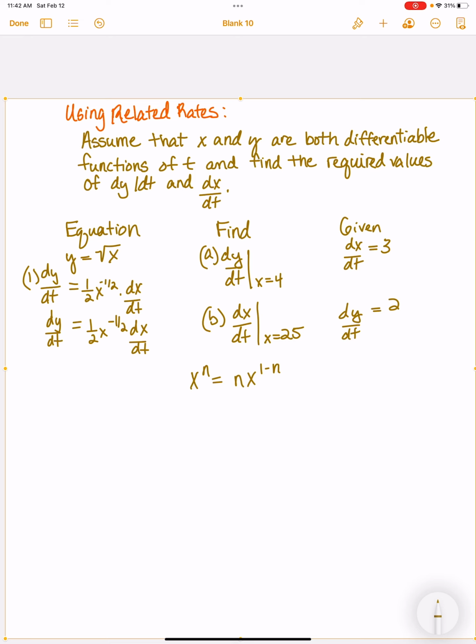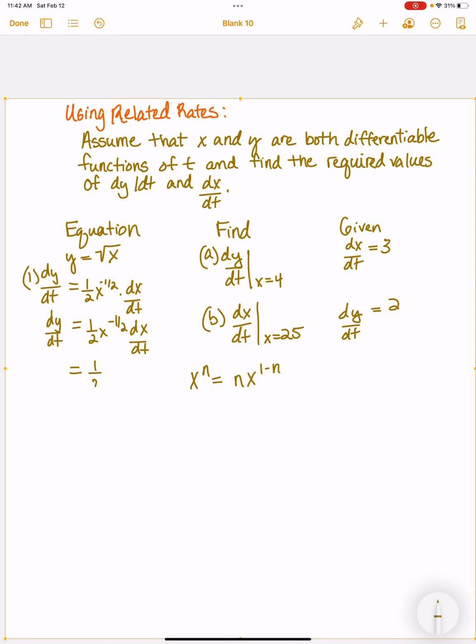So I am trying to find dy/dt when x equals 4. This bar is just another way of saying when x equals 4. And so what I need is to isolate dy/dt. Well, this problem already has dy/dt isolated, so I can go ahead and plug in my values.